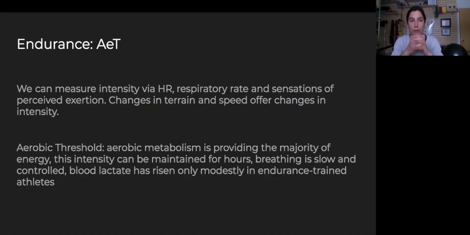So this aerobic threshold is associated with a certain intensity, right?